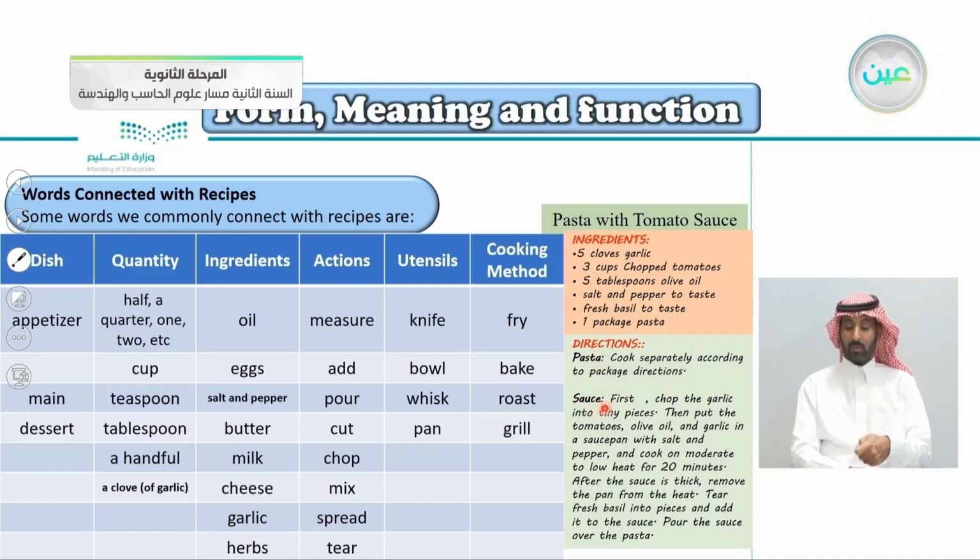The sauce: first chop the garlic into tiny pieces, then put the tomatoes, olive oil, and garlic in a saucepan with salt and pepper, and cook on moderate to low heat for 20 minutes. After the sauce is thick, remove the pan from the heat, tear fresh basil into pieces, and add it to the sauce. Pour the sauce over the pasta.